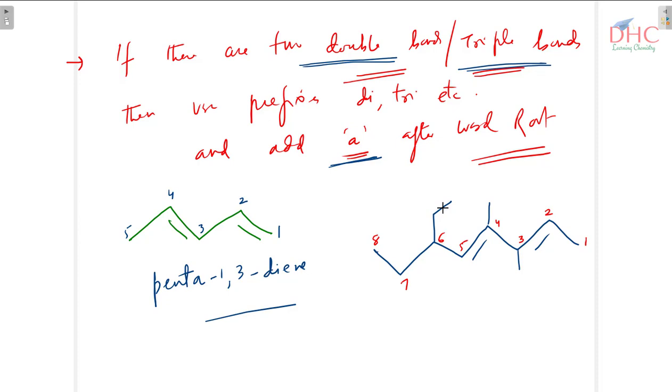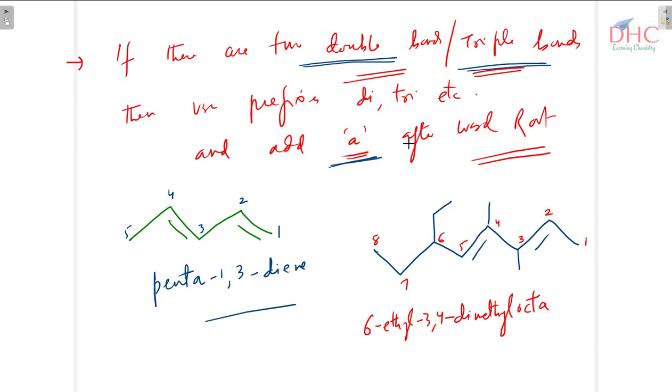So 6 पे ethyl है, which means alphabetical order जाएगा, तो 6 ethyl. So we have here 6 ethyl, then 3, 4 dimethyl. Then there you have the word root oct, but there are 2 double bonds in it, so we have octa.